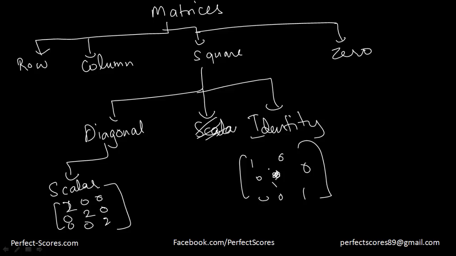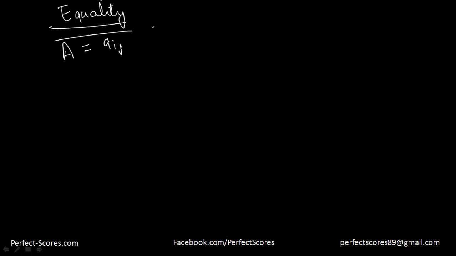And let's move forward to the next thing, the equality of matrices. That is a very simple thing. Let's suppose there are two matrices, matrix A in which all the elements are defined as this, and matrix B where all the elements are defined as this. Now how do you say A is equal to B?